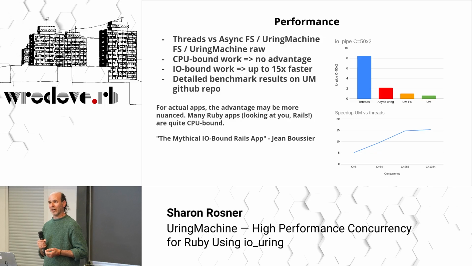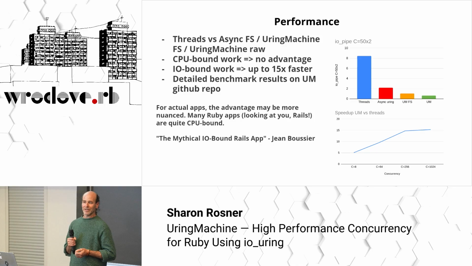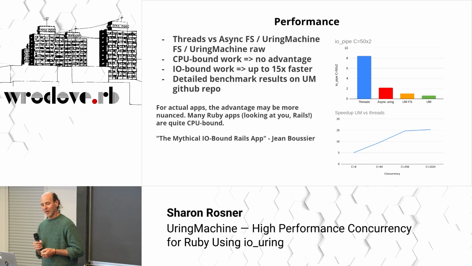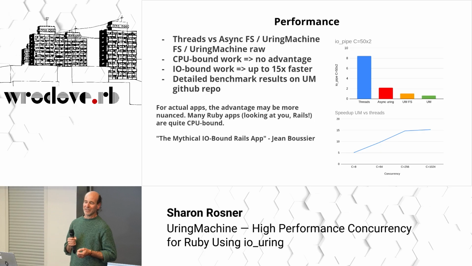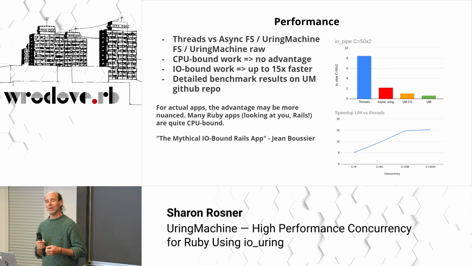So the blue bar is the thread implementation. The red bar is the async fiber scheduler implementation. The orange bar is the UringMachine fiber scheduler implementation, and the green bar is the UringMachine low-level API implementation.